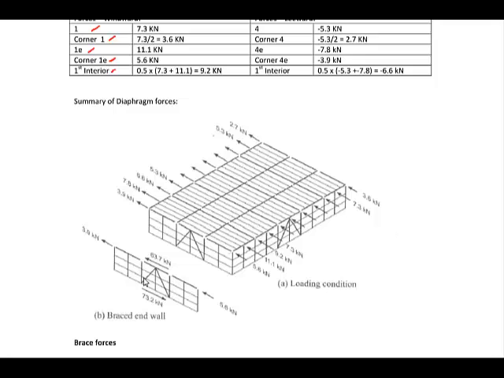So if you do this, you're going to find these forces on the windward side. Just for your information, here's the E region, and here is 1, this is 1E, this is 1, this is 4, and this is 4E, and here's your intermediate column. Okay, so this is your intermediate column right here, your first interior. This 1 is here, the 9.2, and the 6.6 over here.